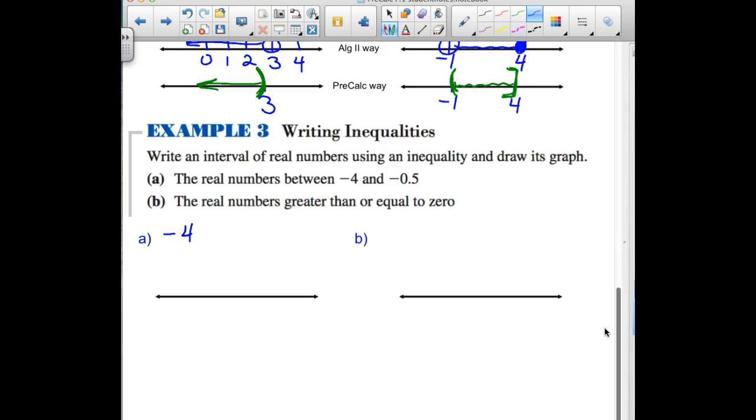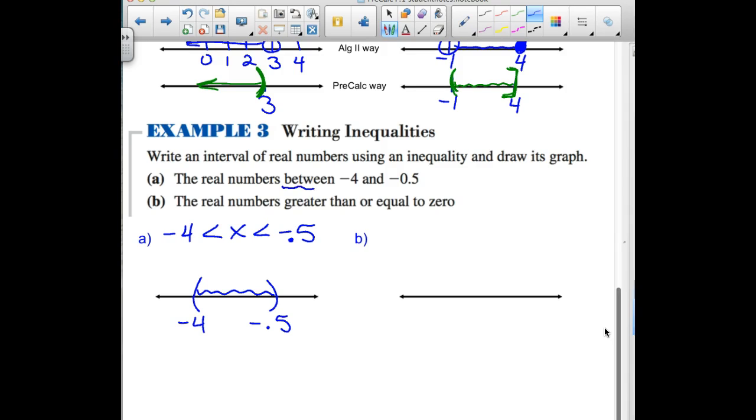So we would say -4 is less than x, and x has to be less than -0.5. Okay. Using our new notation, both would have rounded brackets since we cannot equal those endpoints. And then we include the endpoint numbers, the coordinates of those, and shade everything in between.